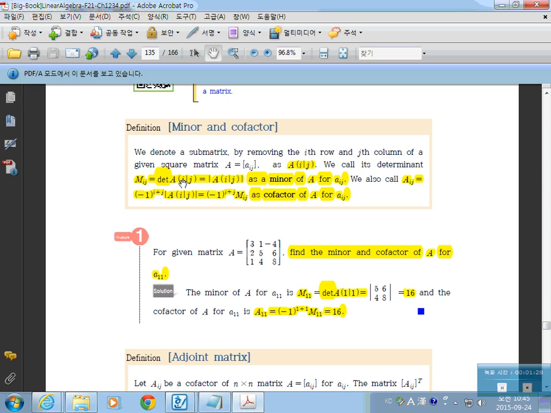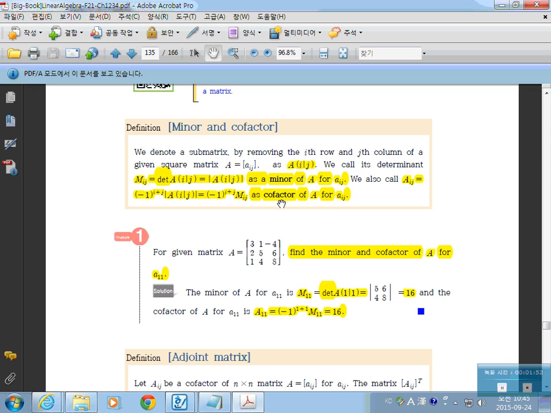And think about the determinant of that submatrix, the determinant of A sub i, j, deleted. We call this determinant Mij a minor of the matrix A for the entry Aij.